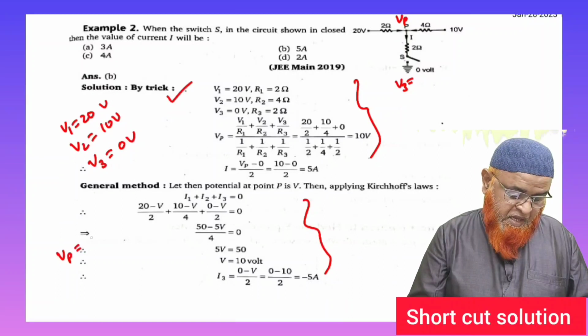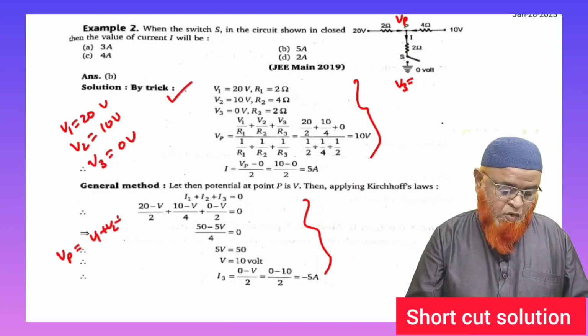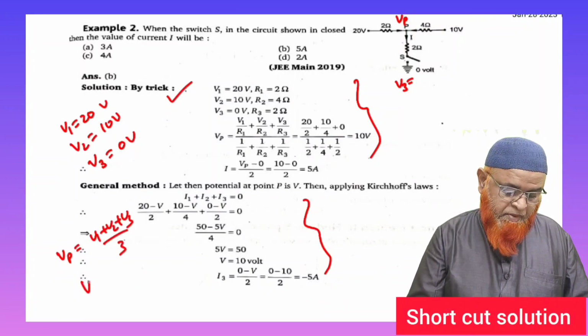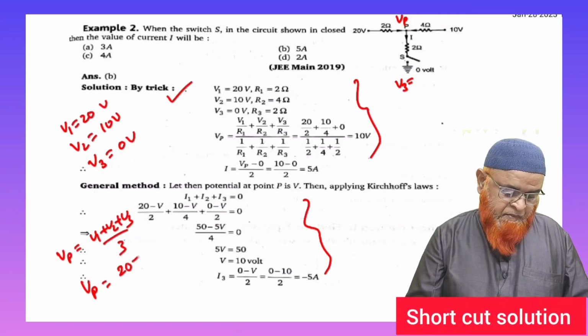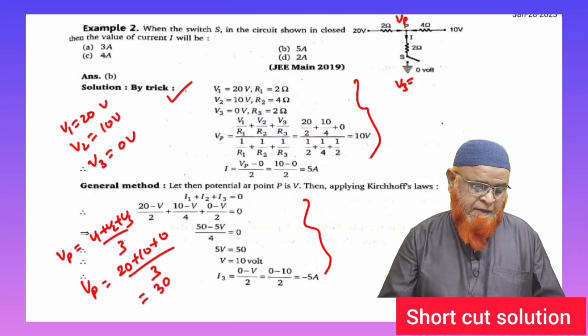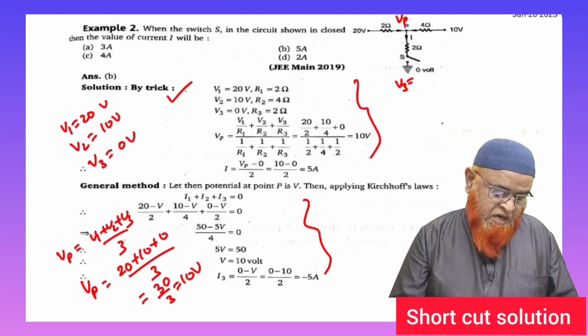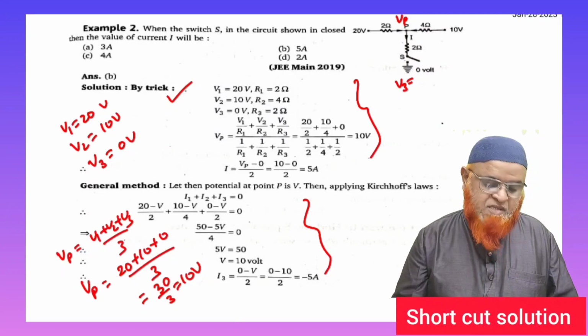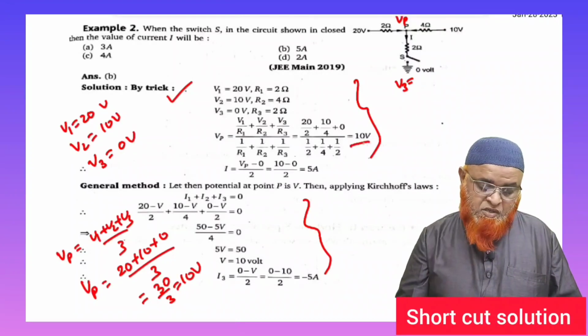So Vp will be the average of these three voltages, that is (V1 + V2 + V3)/3, that is Vp = (20 + 10 + 0)/3. You have to find the average of these three, then you will get 30/3, which is equal to 10 volts. Did you get 10 volts?